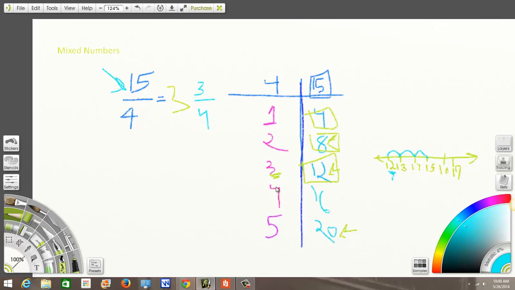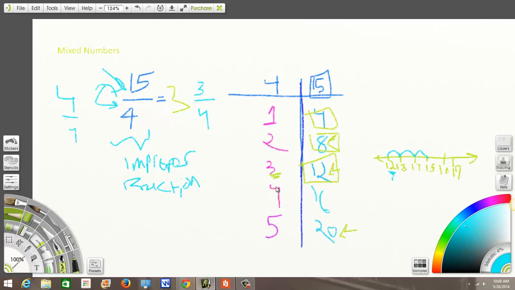So 15 divided by 4, we can write this as a proper mixed number, and it's bigger than 1. Remember last time in fractions we talked about how if the numerator is the same as the denominator, like 4 over 4, then it would be 1.